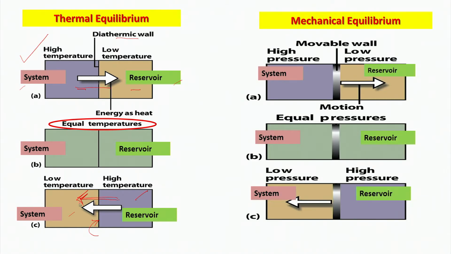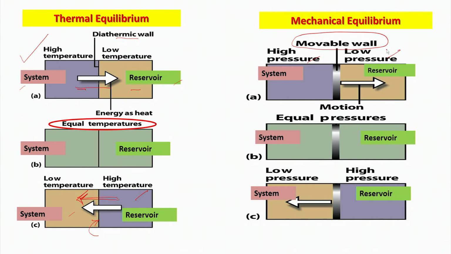Similarly, when I separate my system and the reservoir by a movable wall, in that case, if volume is the only quantity that is being exchanged between the system and the reservoir, then I would understand that the direction of spontaneous exchange of volume would occur from a region of high pressure to a region of low pressure.